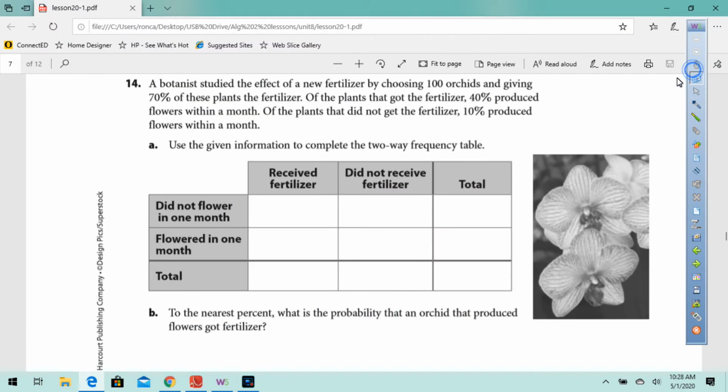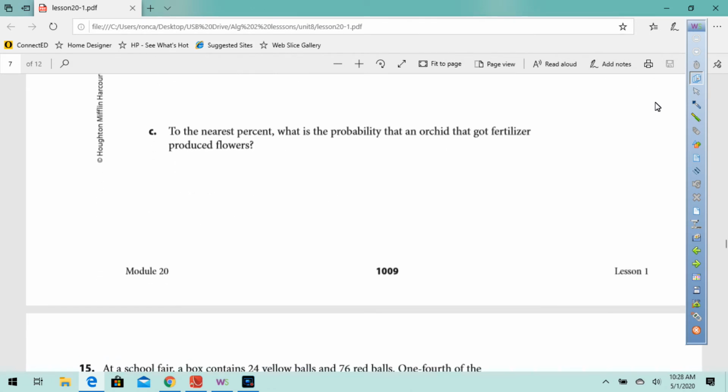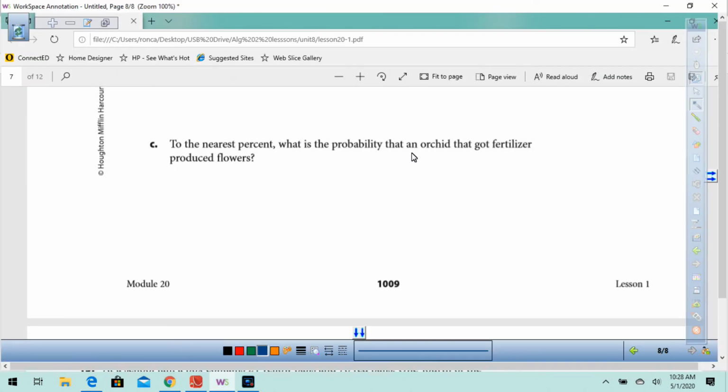And let's see here. What about C? To the nearest percent, what is the probability that an orchid that got fertilizer produced flowers? So probability flowers given fertilizer. Okay, let's go back.